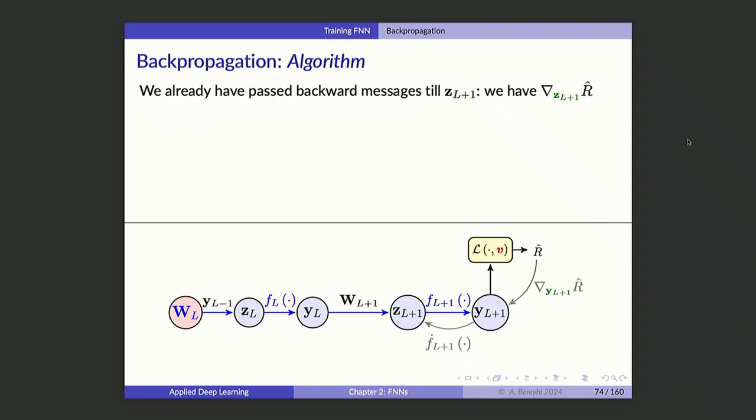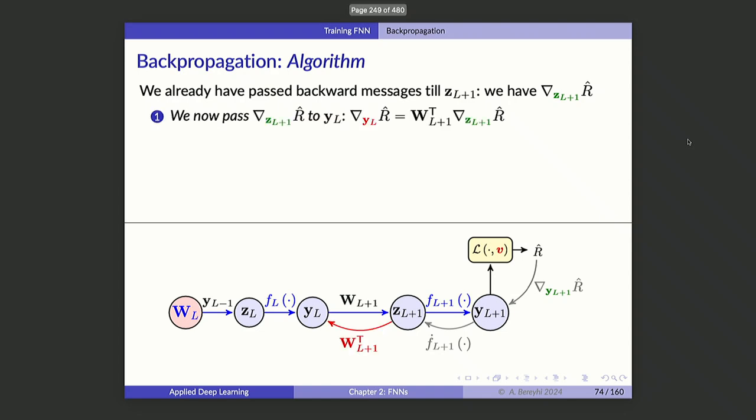How should I move backward? Just multiply with the transpose, right? So it's going to be WL plus 1 transpose. I already know this gradient with respect to ZL plus 1. The first thing that I'm going to do is multiply that gradient with WL plus 1 transpose. Then I'm going to get the gradient with respect to YL, right?